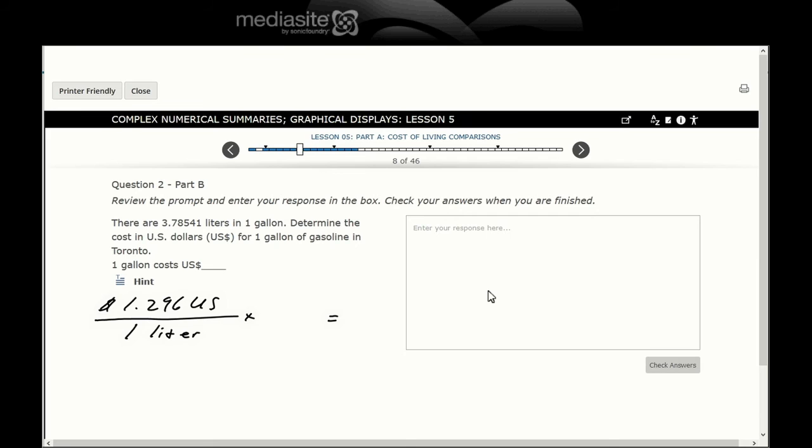So let's find out how many dollars US for every gallon. So let's see, I already have US on the top, but I need to convert liters to gallons.